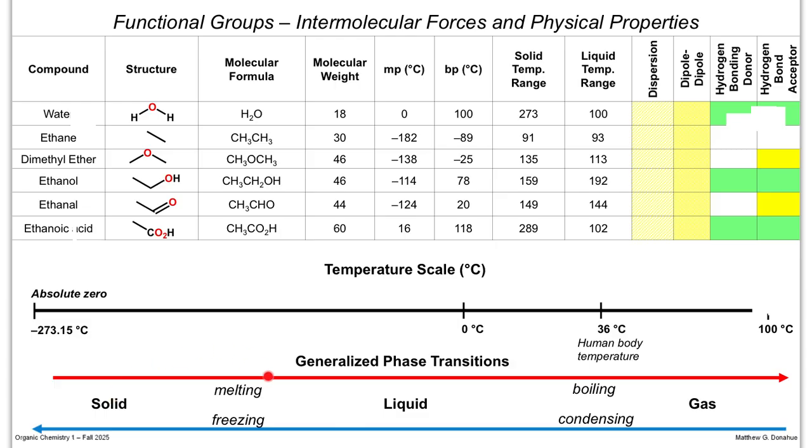So solids will melt into liquids, liquids will boil into gases. Now, if you have a system with heat and you're removing it, you're going to use the cold arrow, the blue one. If you have a gas and you're cooling it, it will condense into a liquid. The liquid will then freeze into a solid.